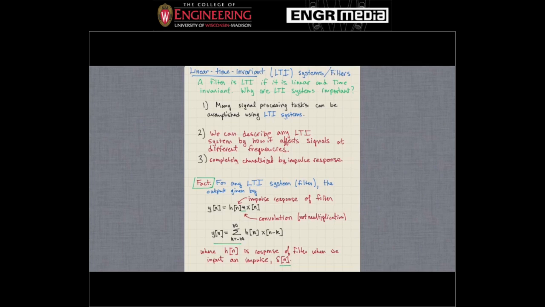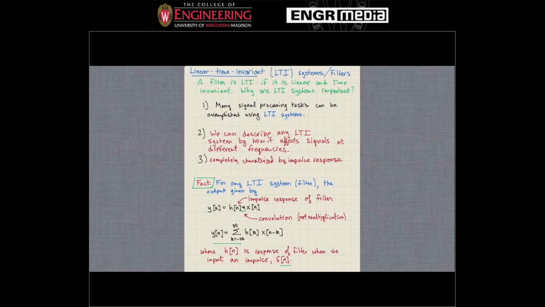And then more importantly, what we'll focus on in the rest of this lecture and the next lecture is that we can describe an LTI system by how it affects signals at different frequencies. This is sometimes called the frequency response of the filter, and the last property is that it's completely characterized by the impulse response.